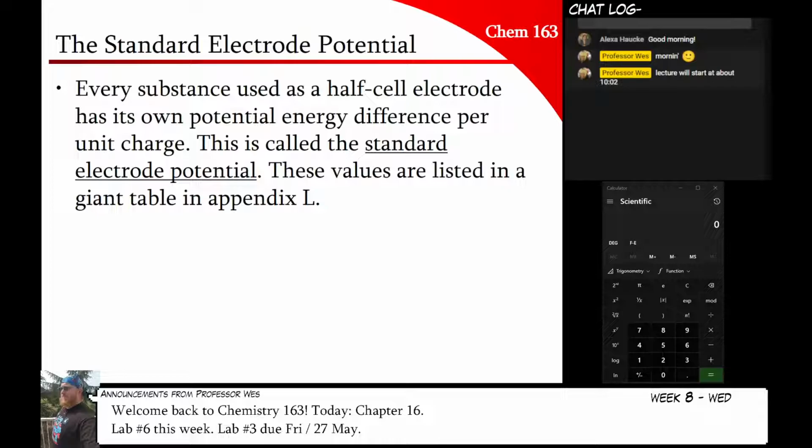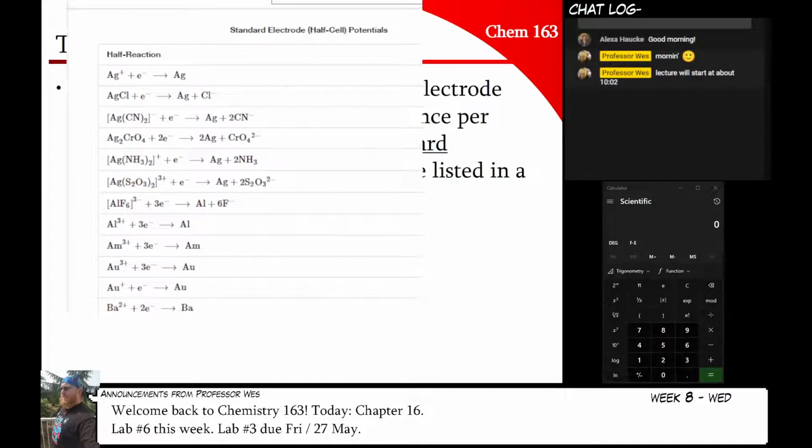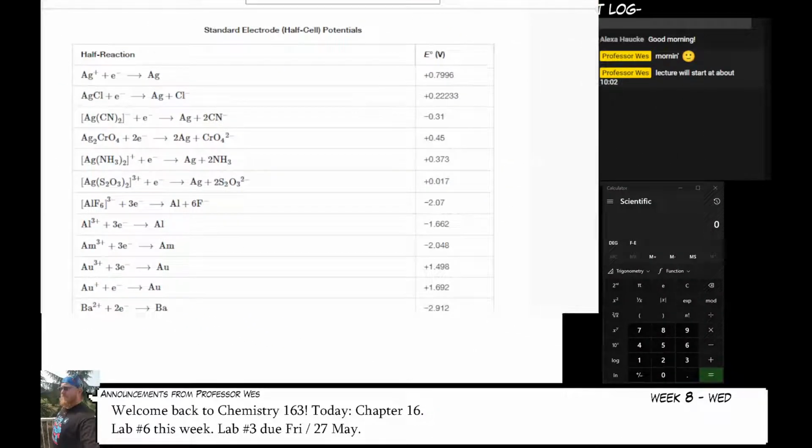In fact, it looks like there's a lot more on this chart. Oh yeah, there's a lot more. Okay. The issue that I have with the chart that I'm about to show you is that it's not arranged by potential, but is instead arranged alphabetically. And I don't feel that that's super useful.